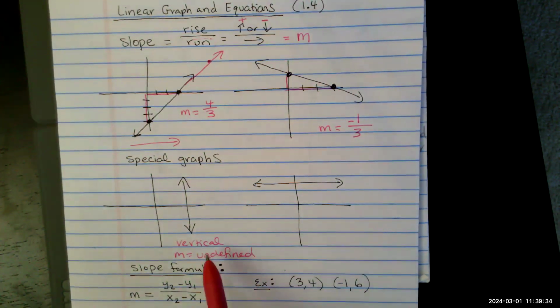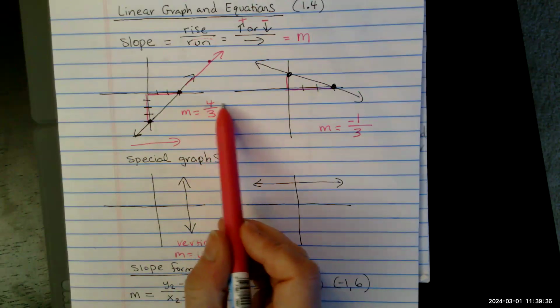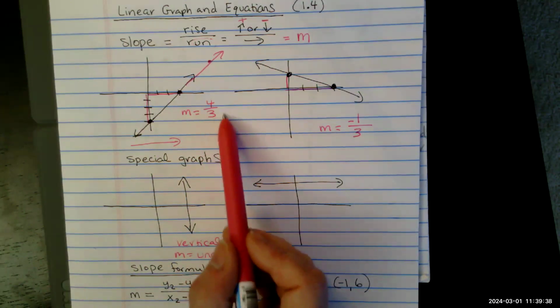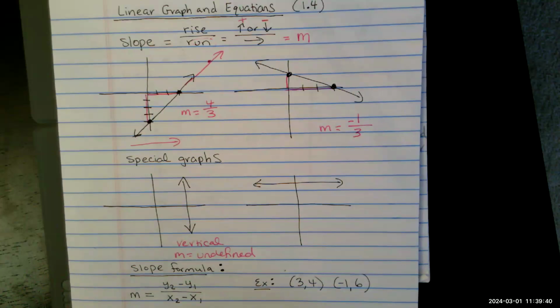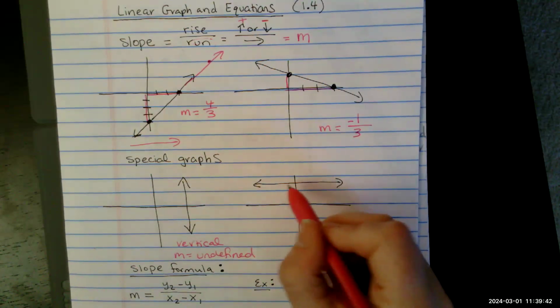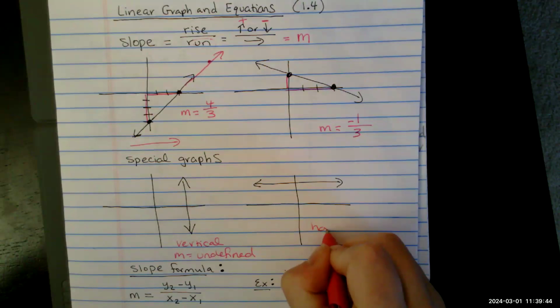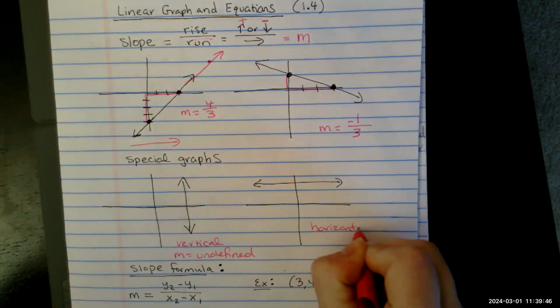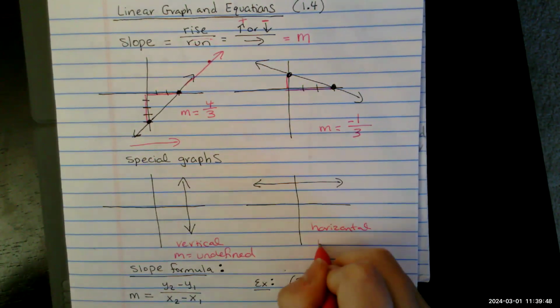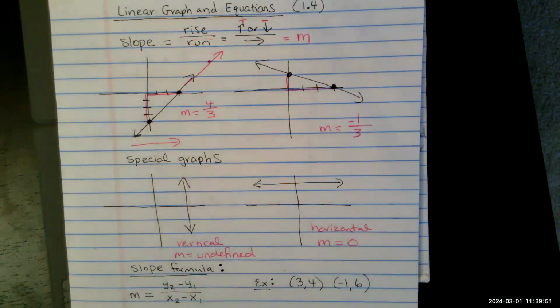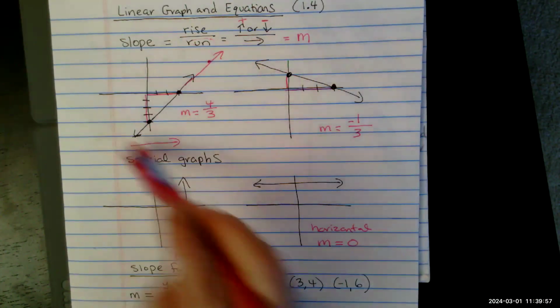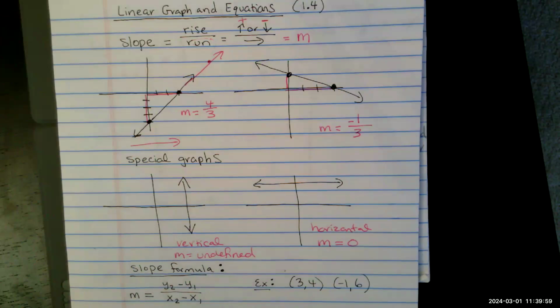The reason why is if you went through the work, you would have ended up getting 1 number on top and a 0 on the bottom. And we never want zeros on the bottom. So this one that goes side to side, which we call a horizontal line, always has a slope of 0. So it's best to just really learn that these all go together, so you don't accidentally try to do it some other way and get confused.